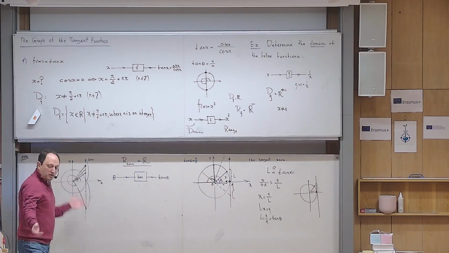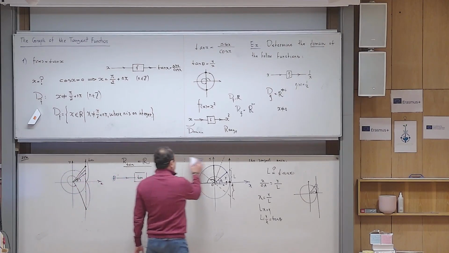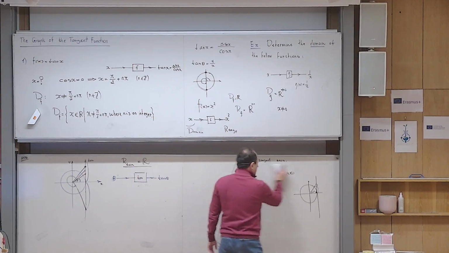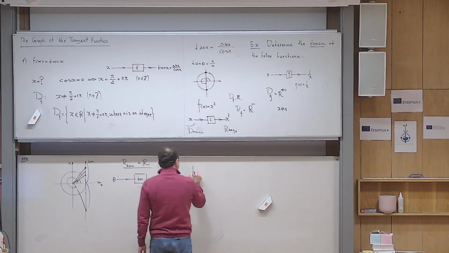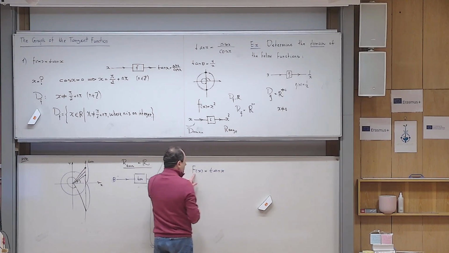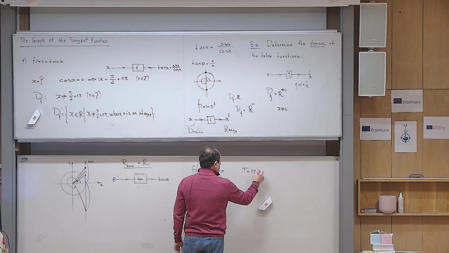Okay, but now if I want to have a good grasp of the tangent function, let us draw the graph, sketching the graph to understand what is going on. First of all, this function is a periodic function. So f of x equals tangent of x. F of x is a periodic function. The period is what? 180 degrees.